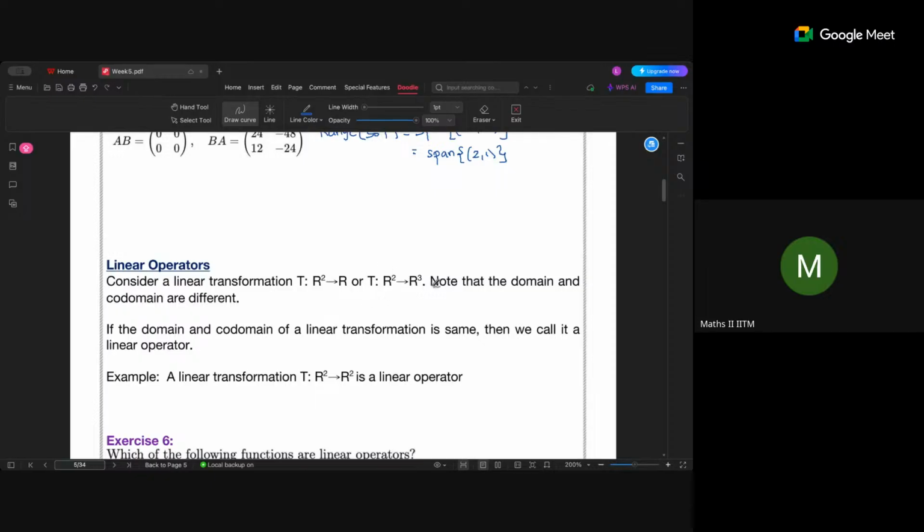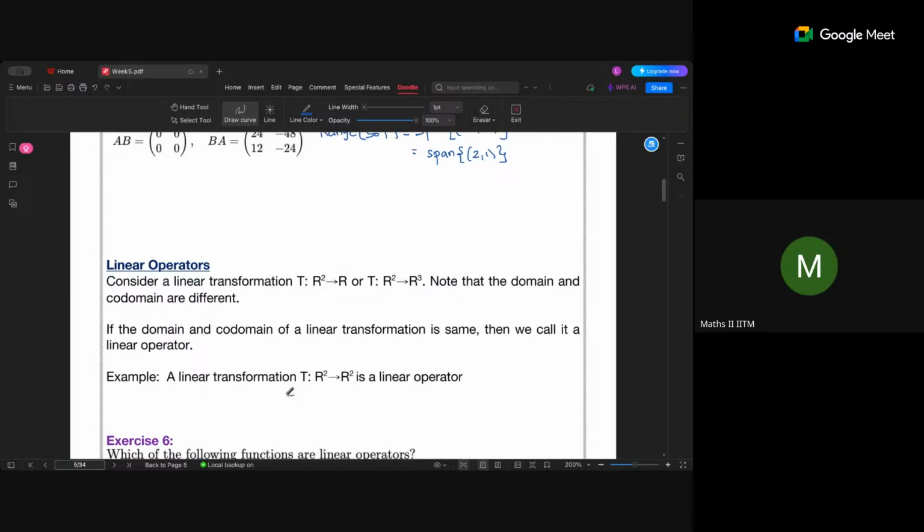So the domain and codomain can be any Rn and Rm. It can be R2 to R, R2 to R3, anything like this. The domain and codomain are different, but it can also be the same. If the domain and codomain are the same, in that case, the linear transformations are called linear operators. That's all.